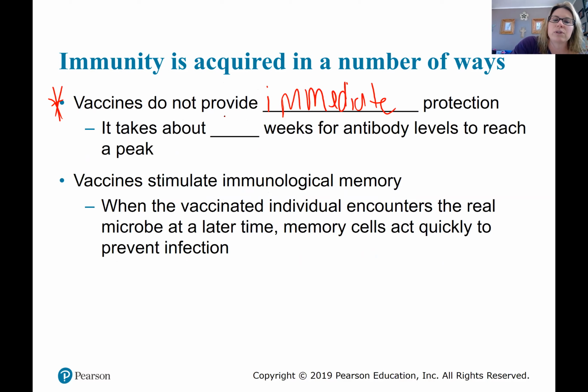It takes about 2 weeks for immunity to provide protection. So it's not going to be immediate. And that vaccine, remember, stimulates that memory so that when you encounter the real microbe, the memory cells work very quickly.